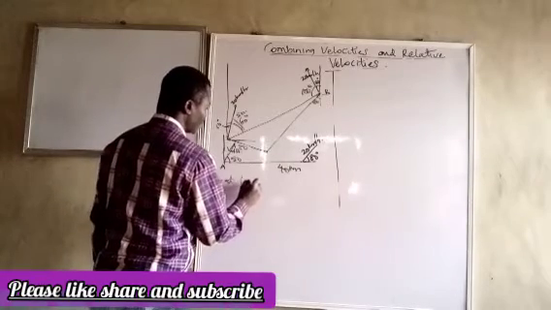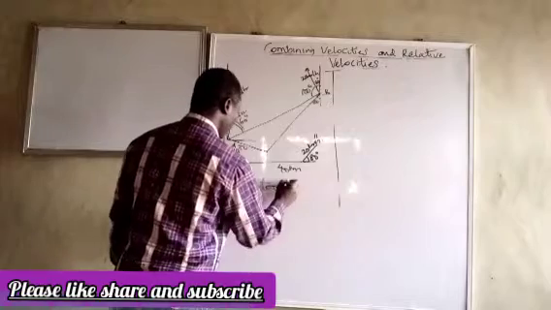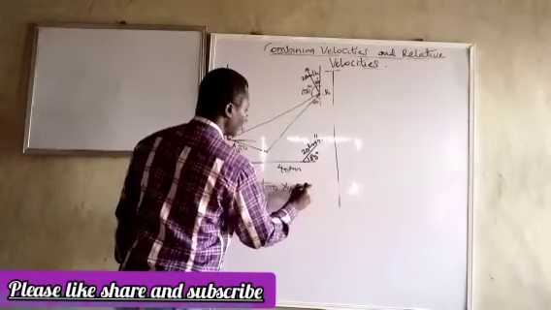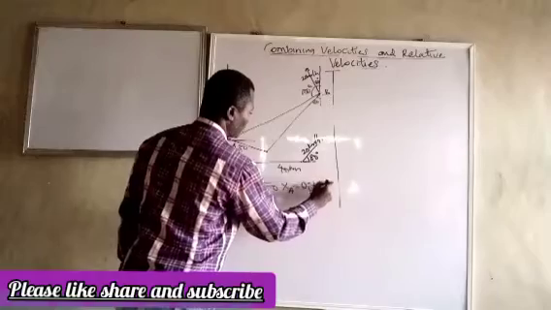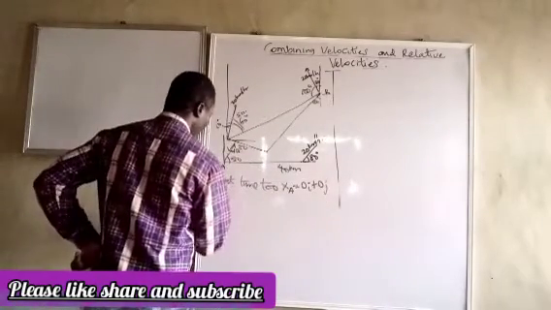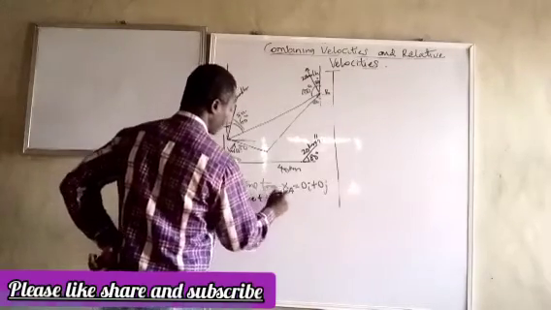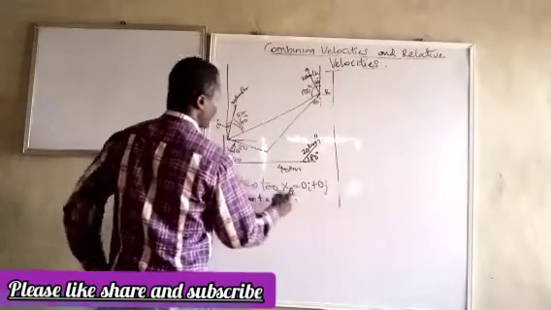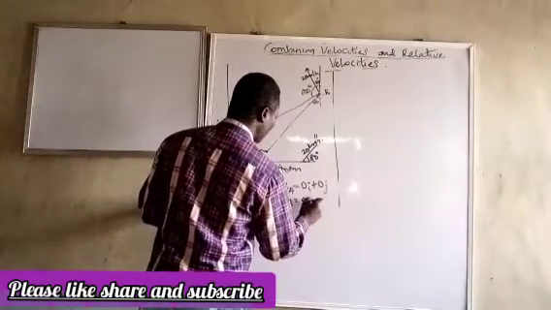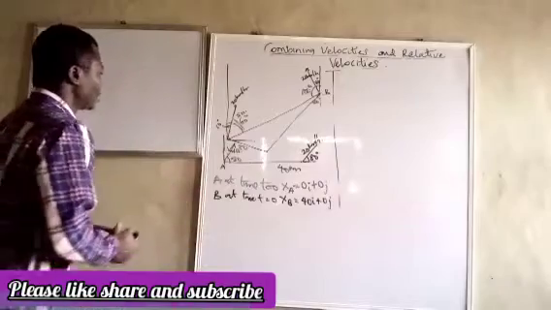At time t equals 0, position of A is xa, that is 0i plus 0j. Position of B at time t equals 0 is 40i.